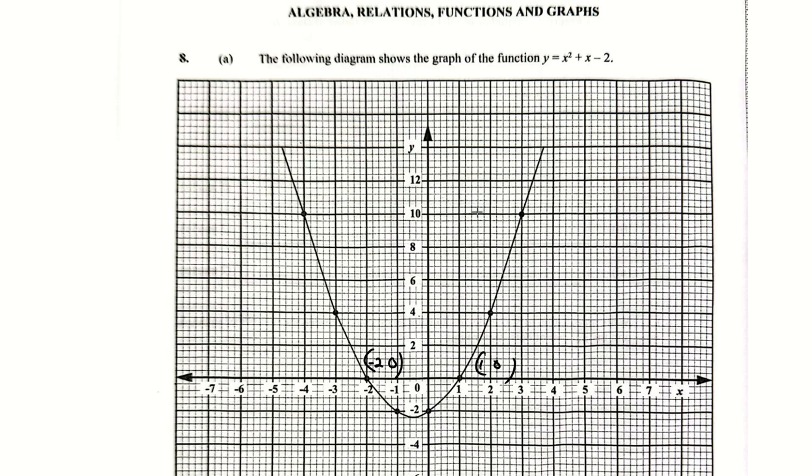I also have, when x is 0, y is negative 2. That's about it that I can find out here. We could also find the axis of symmetry, but let's not do that yet.